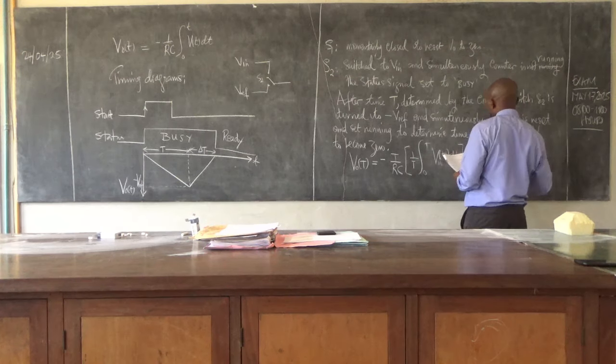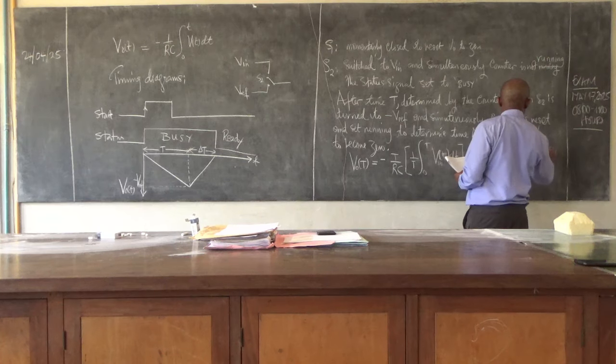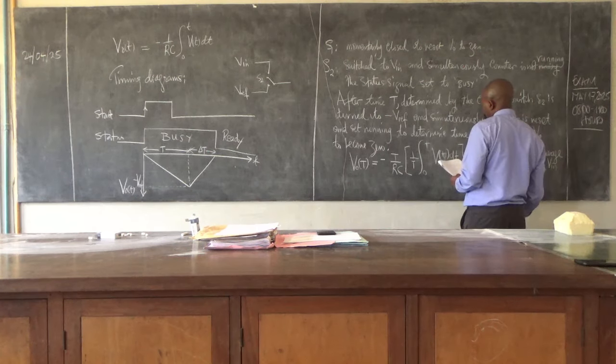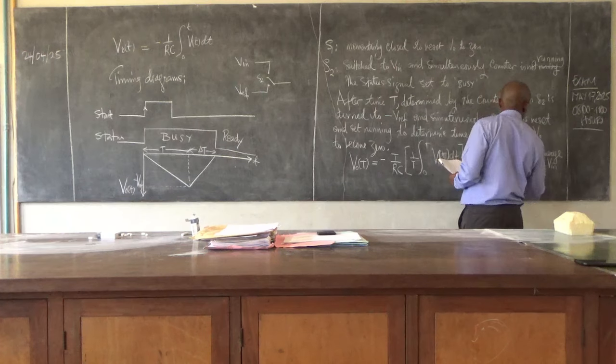The bar is the average of V in over the time t.